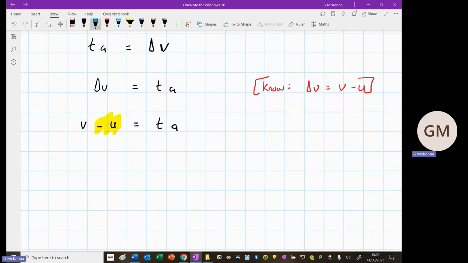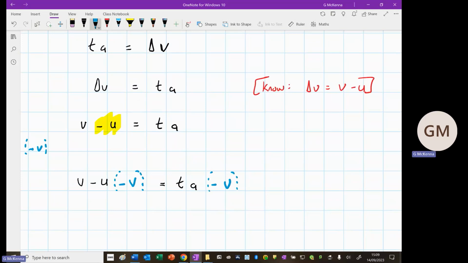Now, these two numbers are not multiplied together, they're not like a product, and so we need to take away v from both sides of the equation if we want to eliminate that v on the left hand side, and we need to do the exact same operation to the right hand side as well. So the left hand side becomes v minus u, and the mathematical operation we're doing is minus v, taking v away from the left hand side, is equal to ta, and then the same operation, taking away v as well.